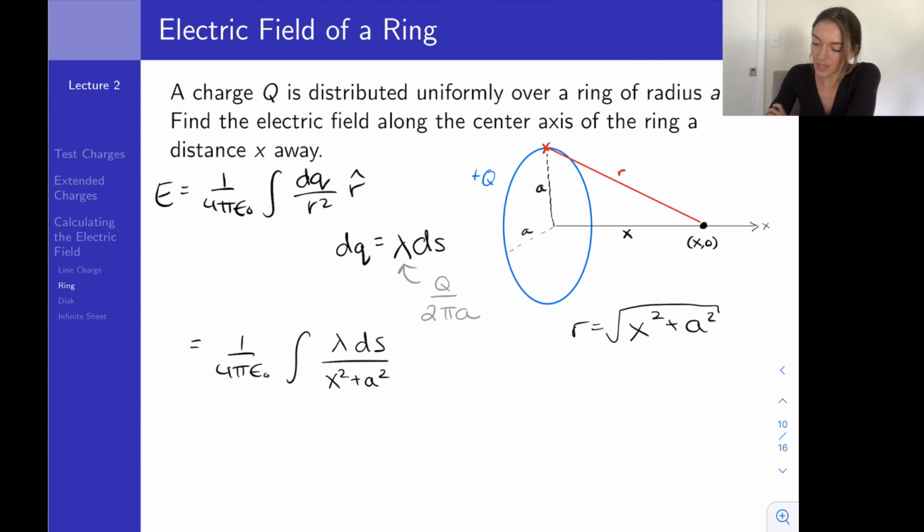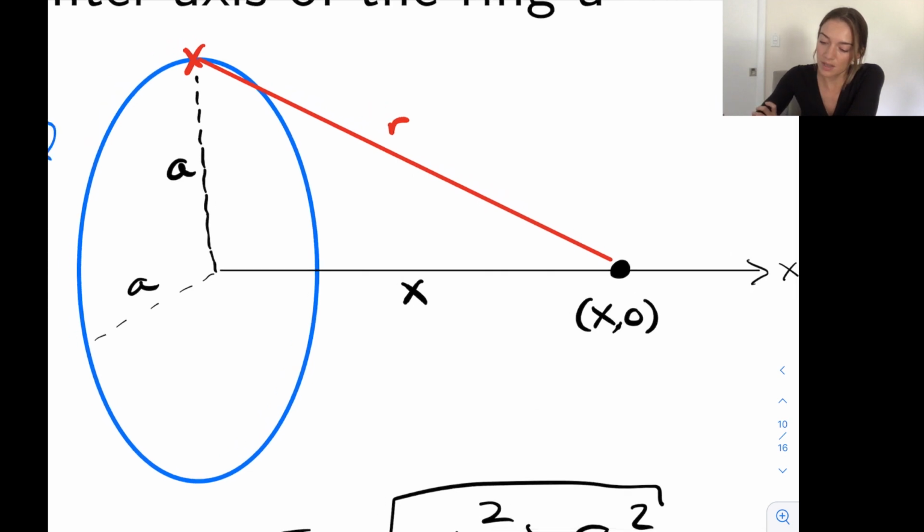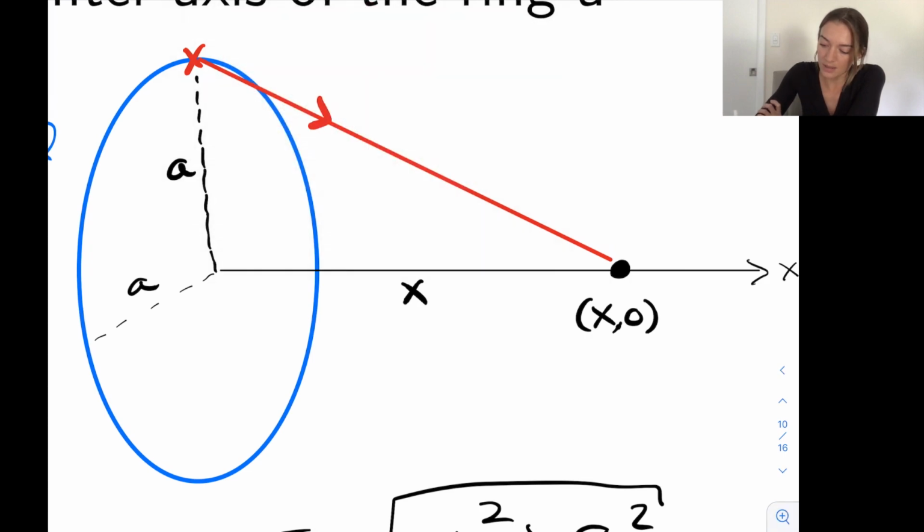So now we need to figure out r hat. So r hat is going to be in this direction, same as the direction we drew here. And now we can see that the same thing is starting to happen as in our previous example.